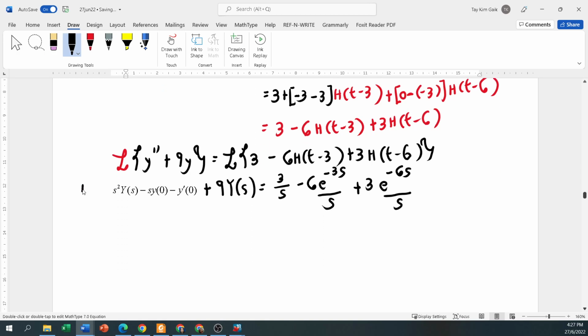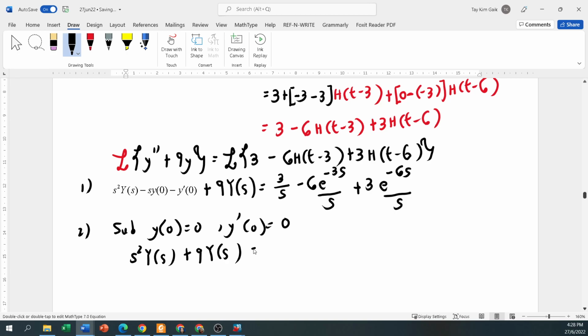This is the first step, taking the Laplace transform. The second step is to substitute the initial conditions. So what is left is s squared Y(s), because these are 0, plus 9Y(s), all over s.